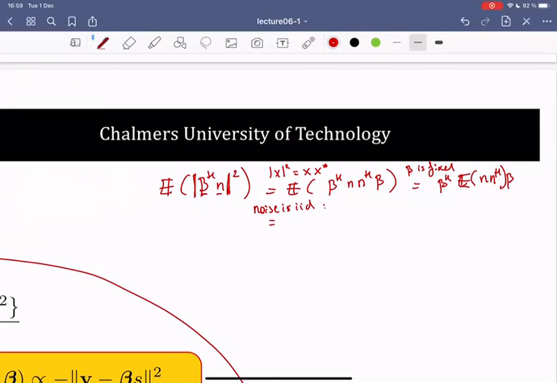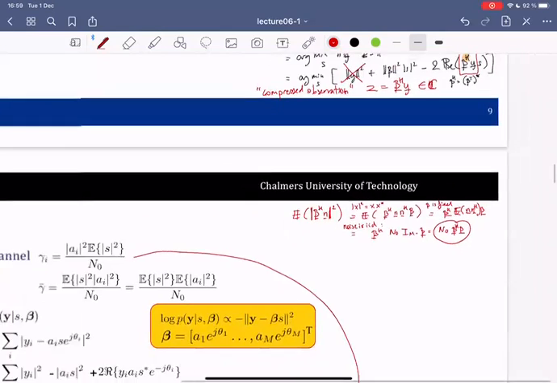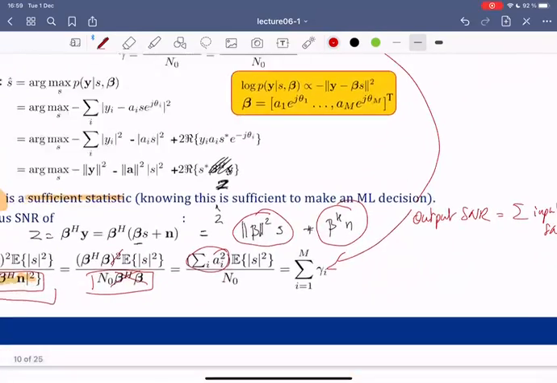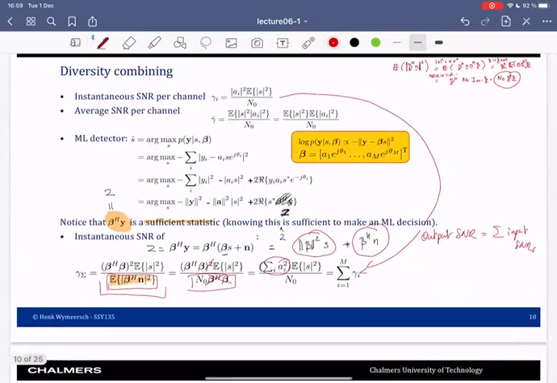So this means that I have beta Hermitian N naught times an identity matrix of M by M times beta. So I find N naught beta Hermitian beta. Okay, and I will do my best to write these bars to show that they are vectors, but I'm not very careful in that. And hopefully this is the correct result. Yes, it is. Good. So let's take a break now. Thank you.